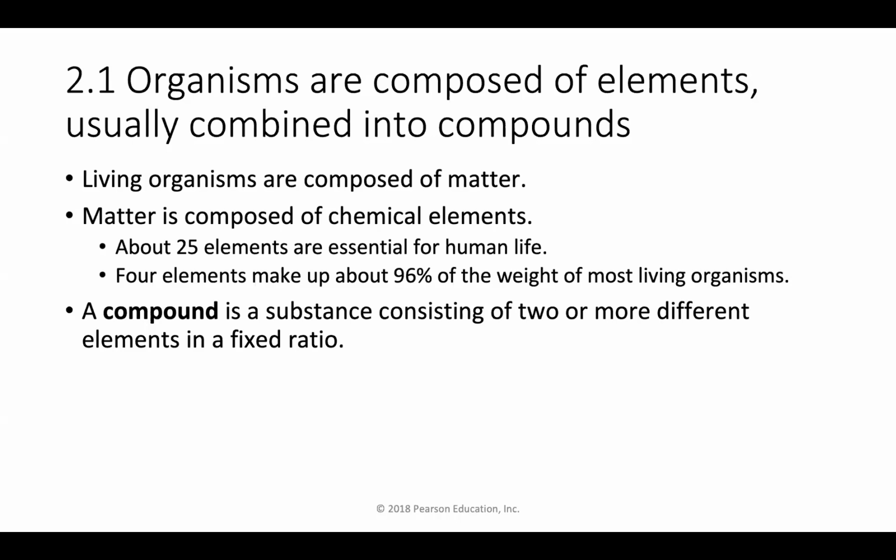Those 25 are collectively essential across the board in various amounts. But 4 of those 25 make up the majority of our mass, our weight. Our bodies are composed of mainly these 4 elements that we're going to talk about today.